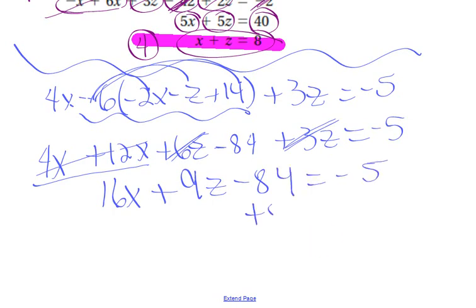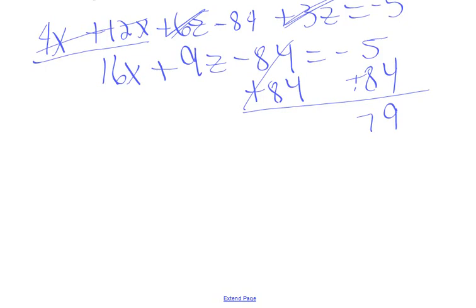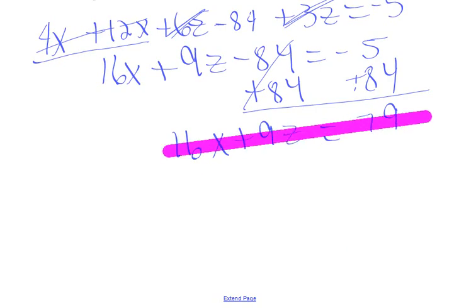Now when we add 84 to each side, what do we get? We're going to get a 79. So carrying down our two terms, we have 16x plus 9z equal 79. And there's nothing pretty that we can simplify everything by to make a nice smaller equation. That's where we're going to leave it. So we're going to call this equation number 5.